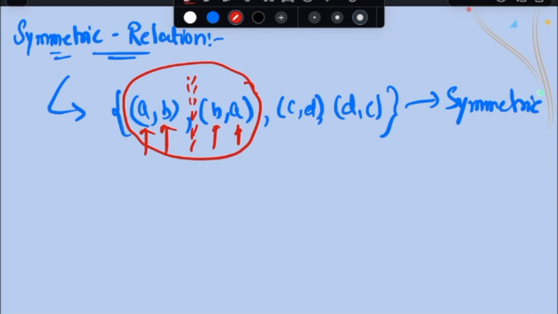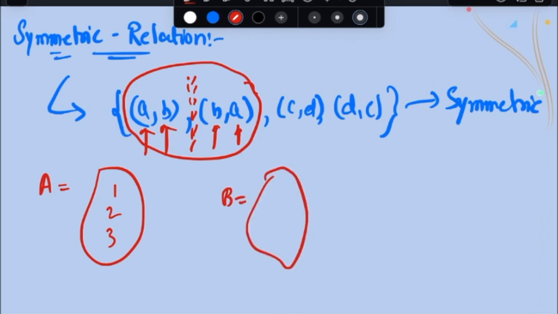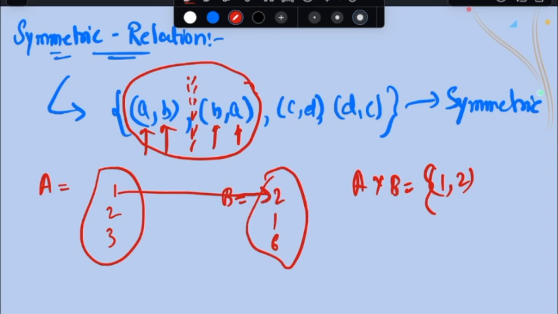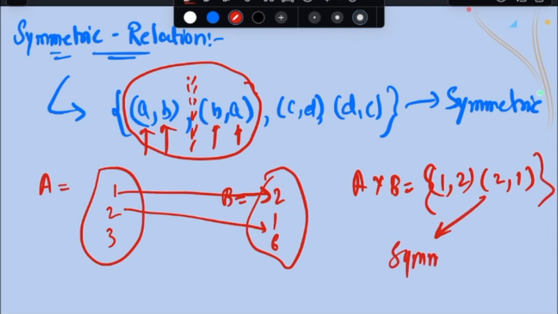For example, let's take set A, 2, 3, set B, we can take it as 2, 1, 6. Now relation: 1 comma 2. 1 is connected to 2 and 2 is connected to 1. So this is a symmetric relation.